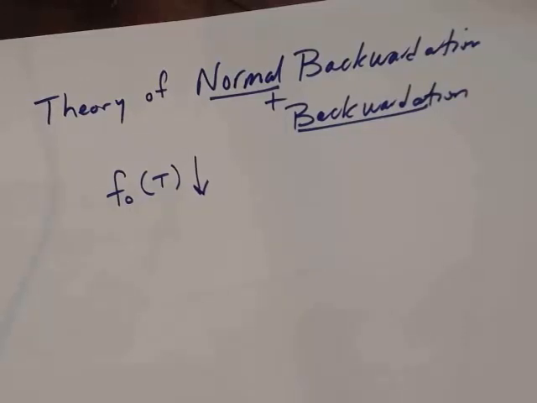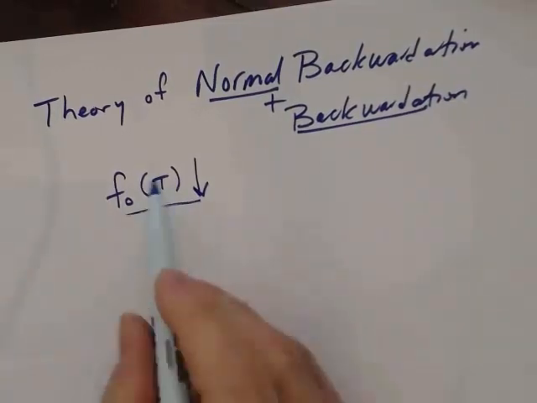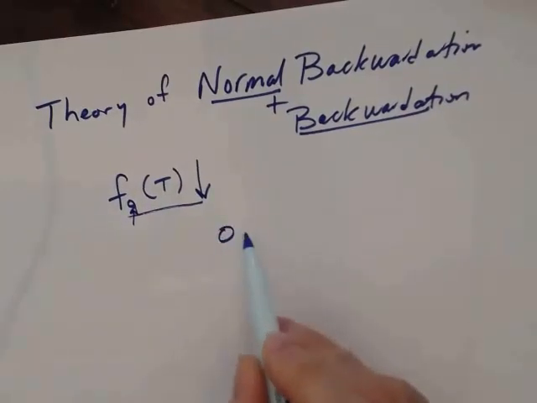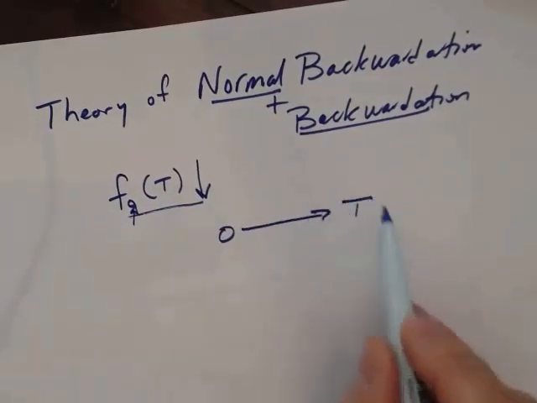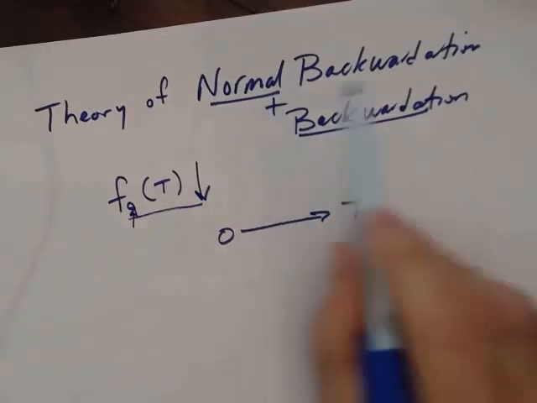Okay, but futures prices go down at time 0 right now, but as time marches on and we go from time 0 to time capital T, the futures contracts, as they approach maturity, will start to converge, so futures prices will start to converge to the spot price, and that convergence process is called normal backwardization.